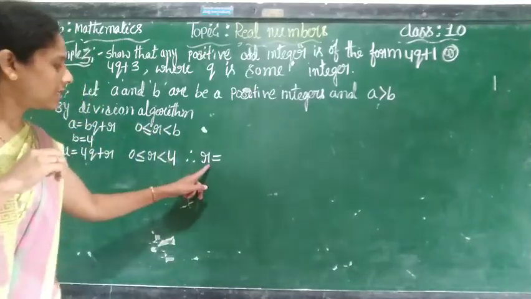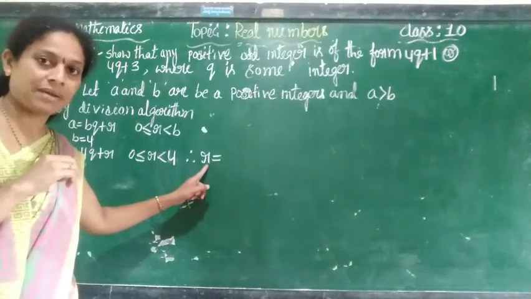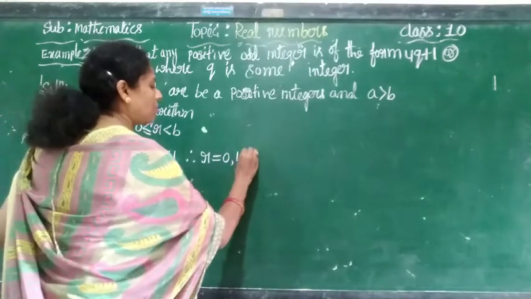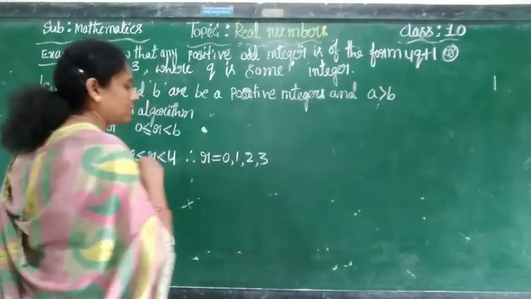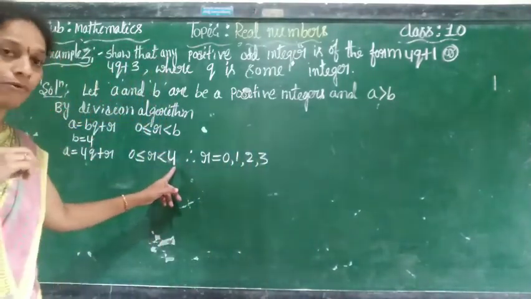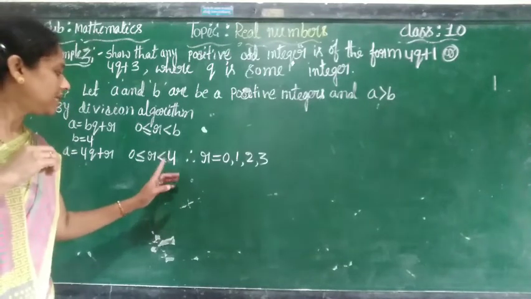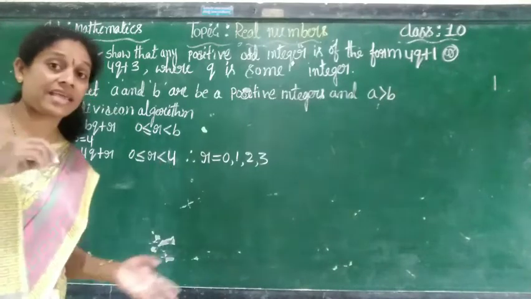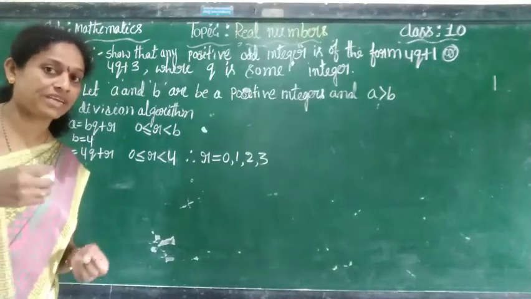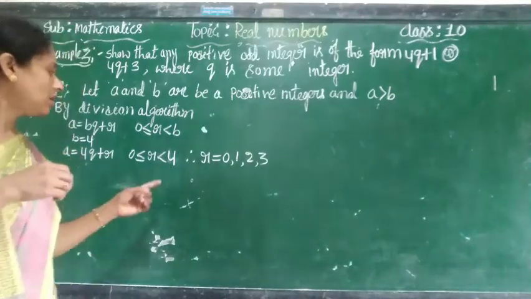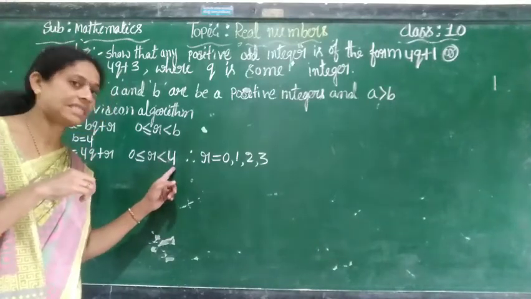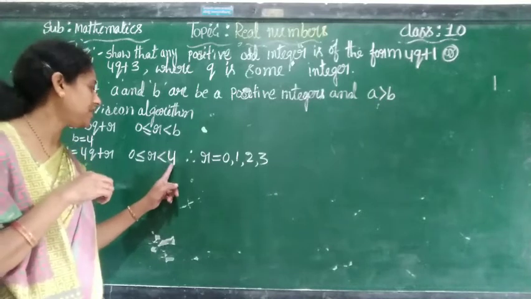So the possibilities of remainders are 0, 1, 2, 3. Any positive integer a can be divided by another positive integer b. So it leaves the remainder r that is smaller than b.